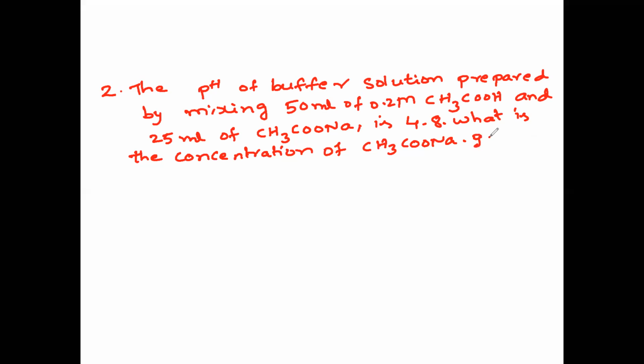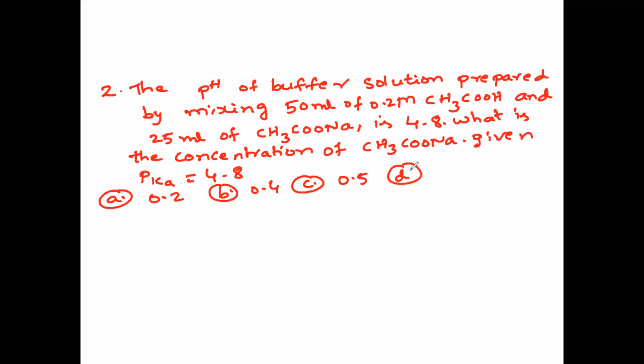Given pKa of acetic acid is equal to 4.8. Options: A, 0.2; B, 0.4; C, 0.5; and D, 0.8.